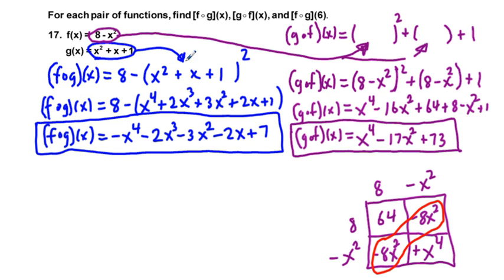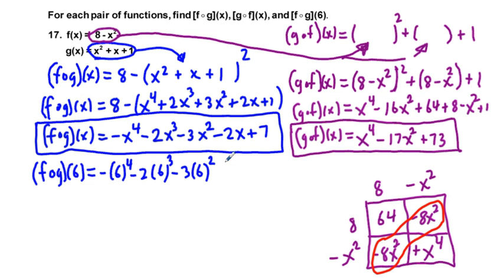So these are a little quite tedious. Let me go ahead and do this. Find f of g of 6. Right, f of g of 6 is equal to negative 6 to the fourth power minus 2, 6 to the third power minus 3, 6 squared minus 2 times 6 plus 7.